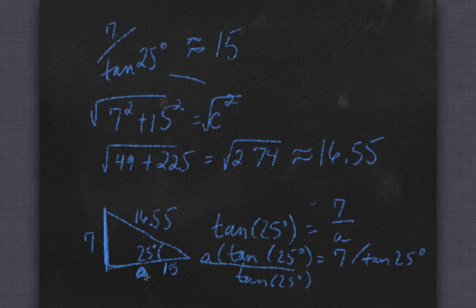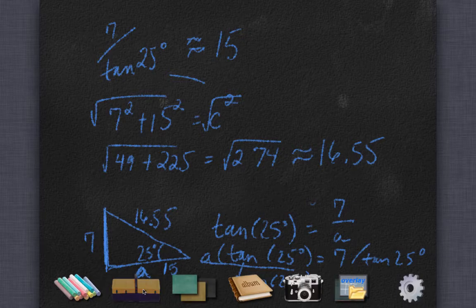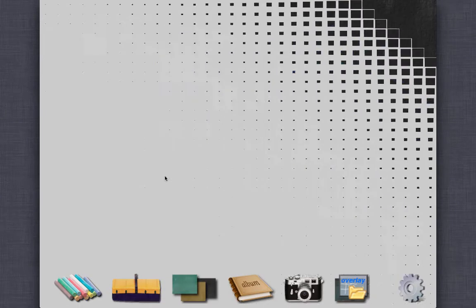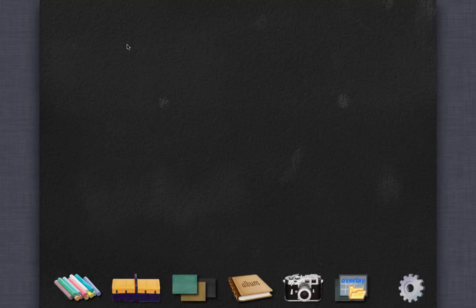Okay, so you could do a couple more examples. I suppose I can just clear this. And let's say instead that you had 65 degrees here, and you knew, say, the adjacent.